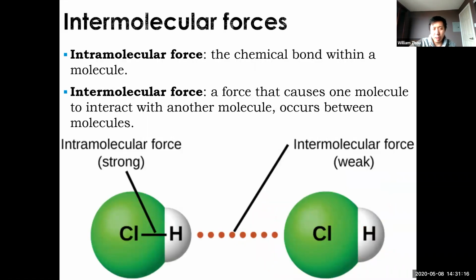We're going to talk about intermolecular forces. Now before we go there, it's important to make the distinction between intramolecular force and intermolecular force. Intra refers to within, and inter means between. So an intramolecular force is the force within a molecule.